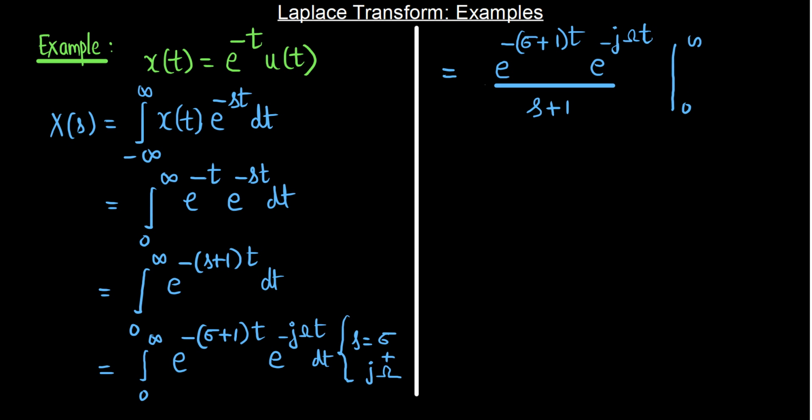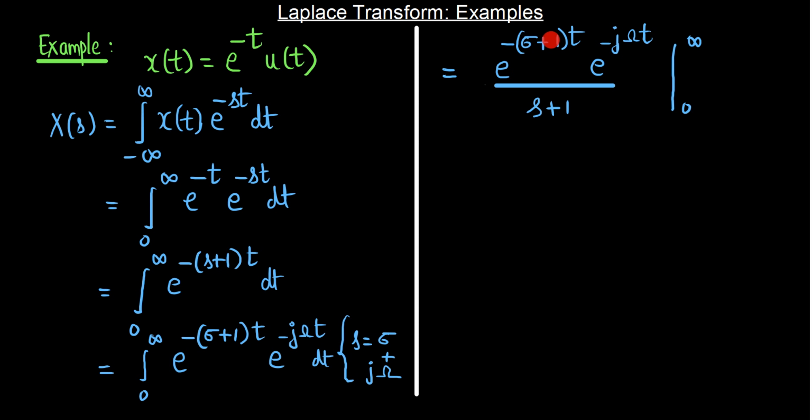And now if we attempt to replace these values, this means if we try to replace this t by infinite, we may see that this expression is going to converge only if this sigma plus 1 is a positive number.